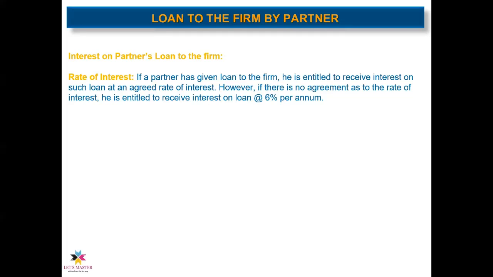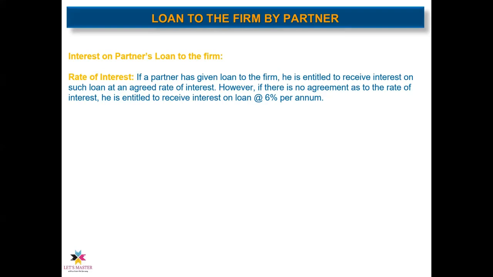So rather than arranging funds from some financial institutions, the partner may advance that amount to the partnership firm as a loan, which is over and above his capital. This is not part of capital, or in addition to the capital. This is a separate amount that the partner has provided to the partnership firm as a loan.